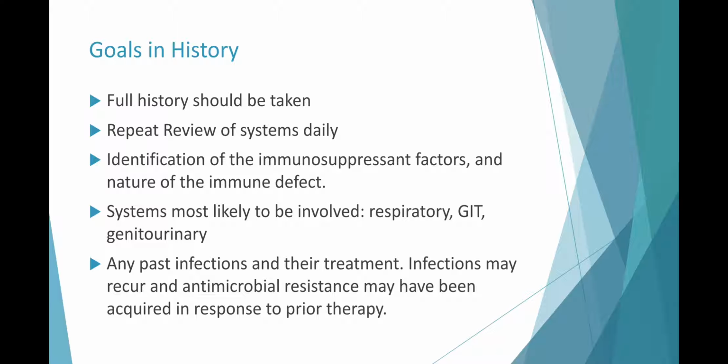Infections may recur, and antimicrobial resistance may have been acquired in response to prior therapy. For example, if we had a previous UTI and a previous treatment with a certain antibiotic, and we have a recurrent attack of UTI, we may have resistance to the previously used antibiotic, so we must pay attention to this point.